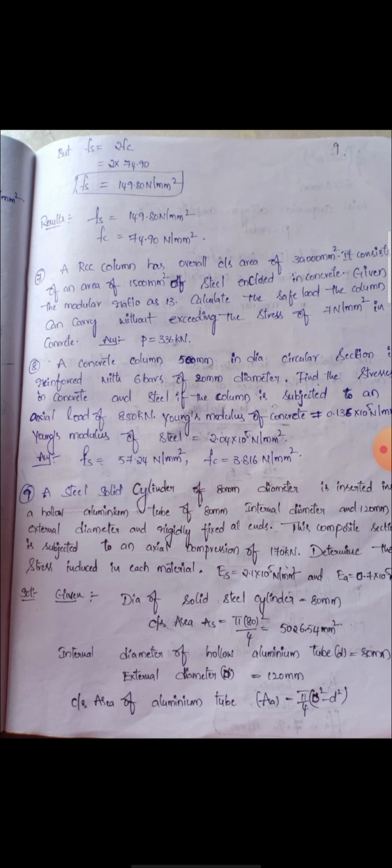The given data: cross sectional area of the RCC column Ac equals 30,000 mm square, steel area As equals 1500 mm square, modular ratio Es by Ec equals 13, and the stress is 7 Newton per mm square.